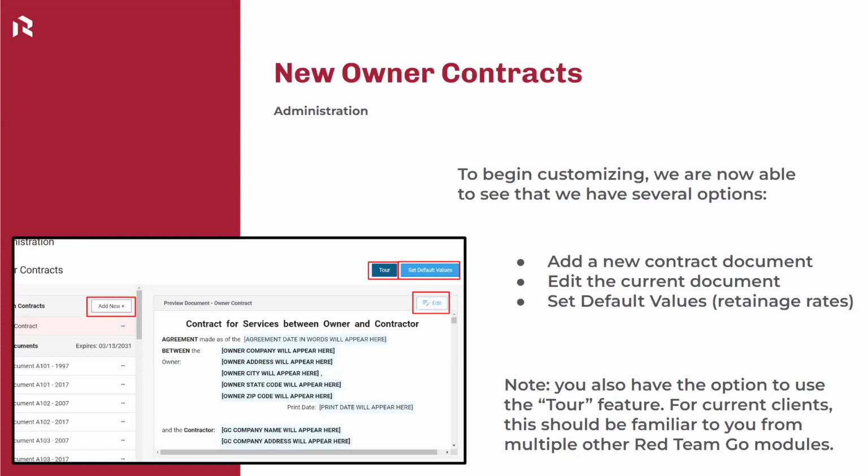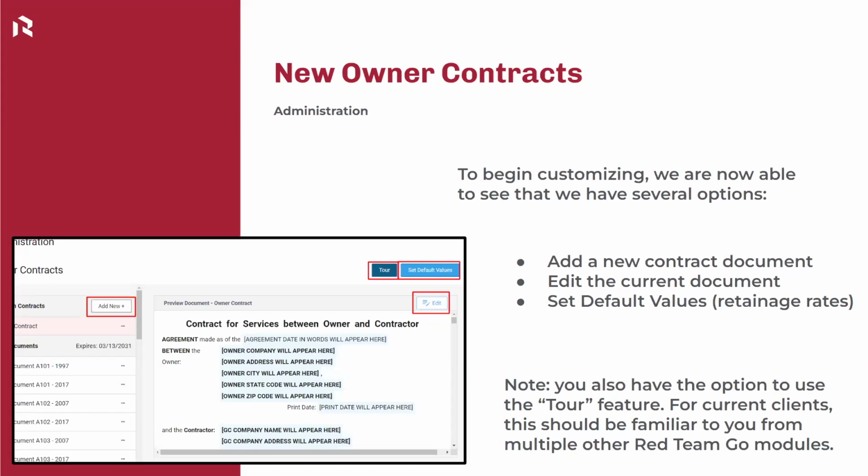So there's a few things I want to point out. The tour, again, if you're already a RedTeam Go client, I'm guessing that you're probably pretty familiar with seeing that tour button. It's in most of the modules that we have, and it's just one of many resources that's available to you in the event that you ever get stuck or have a question.